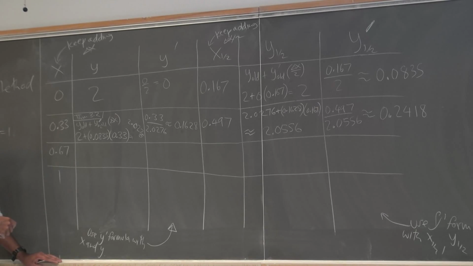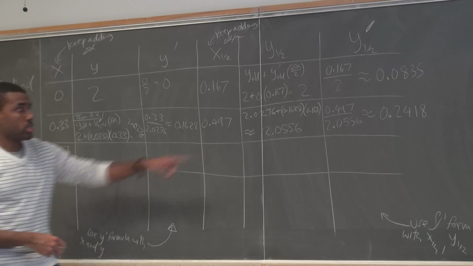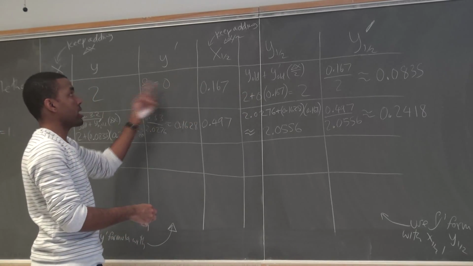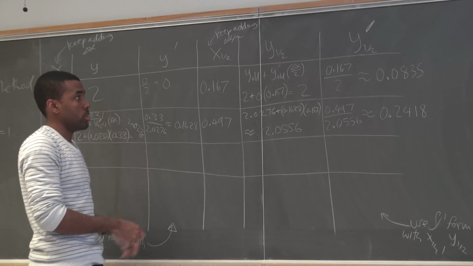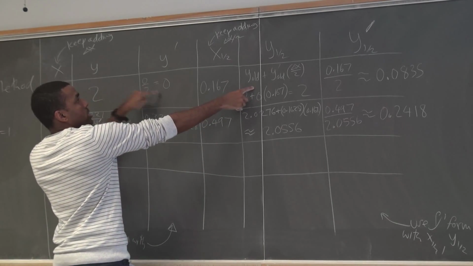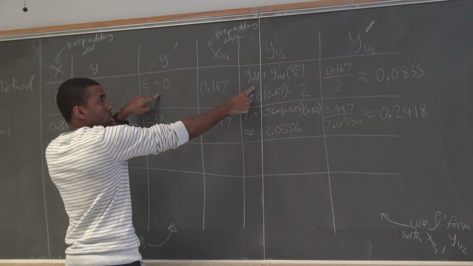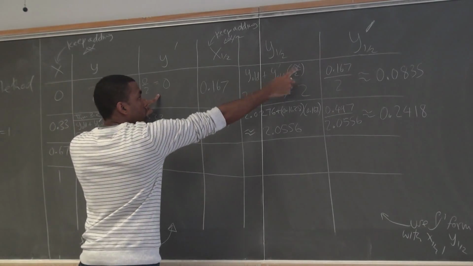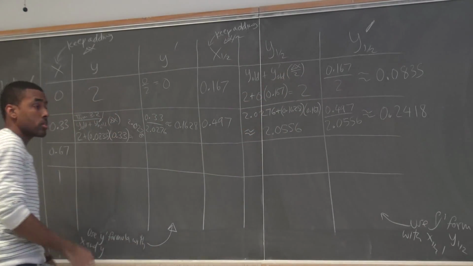In y half, when you refer to old, instead of like in the first method, the old is the columns that precede it instead of the row above. Yes, here I'm talking about the ones that came just before it. So I'm going to take this old y and this y prime in theorem 3.1, but I use delta x over 2 instead of delta x.